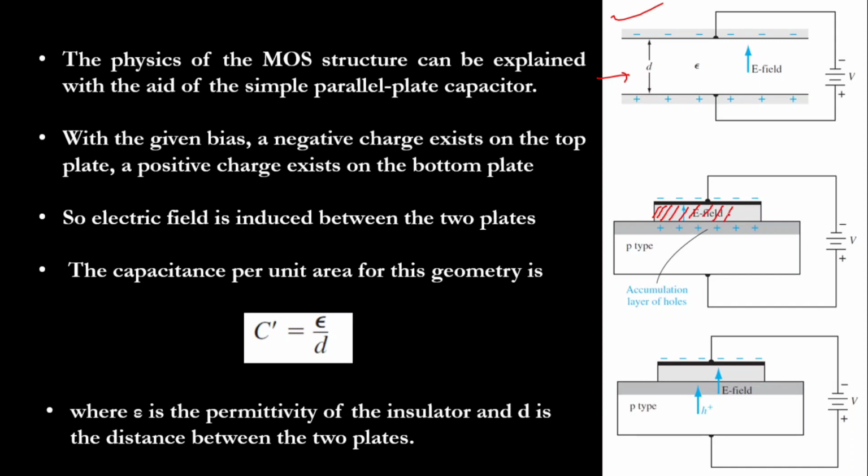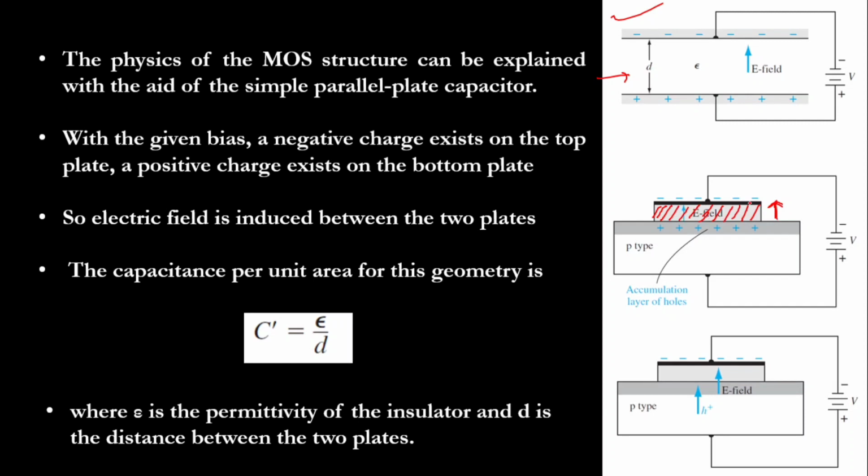This is because of the negative voltage applied to the metal side and the positive voltage connected to the semiconductor. The direction of the electric field is towards the metal layer, because positive charge is connected here and negative charge here. In any case, the electric field travels from positive to negative. So this is the direction of the electric field appearing in the oxide layer.